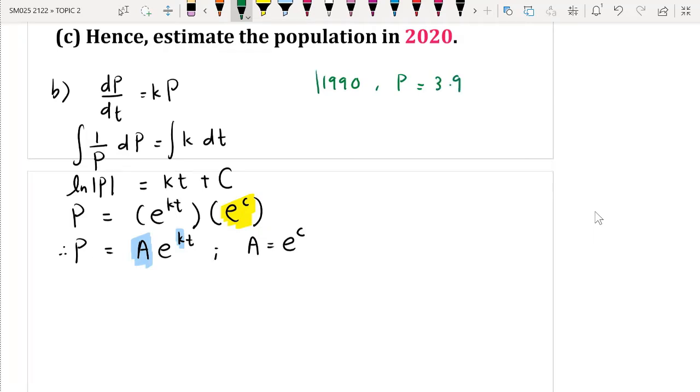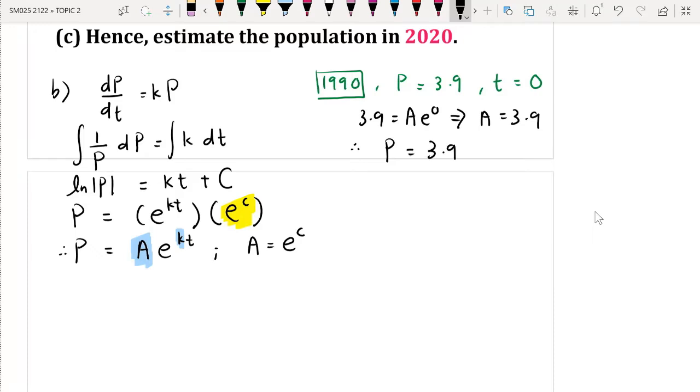This is the beginning of the observation, so I assume our time is the initial, and I substitute t equals 0. Substituting into our equation, we get 3.9 equals A e to the power of 0, which means A is 3.9. So we get a new equation, which is P equals 3.9 e to the power of kt.